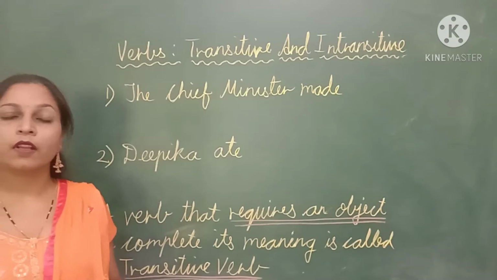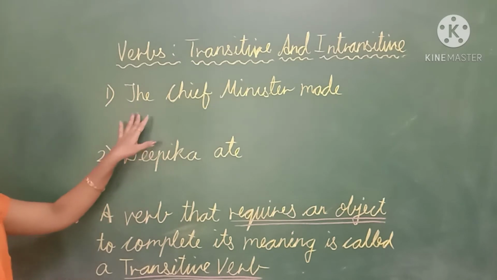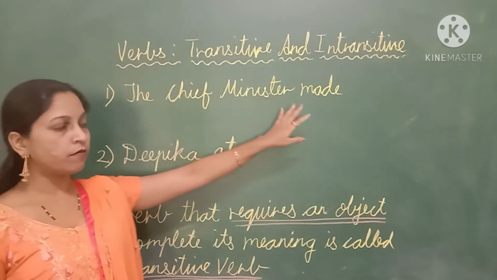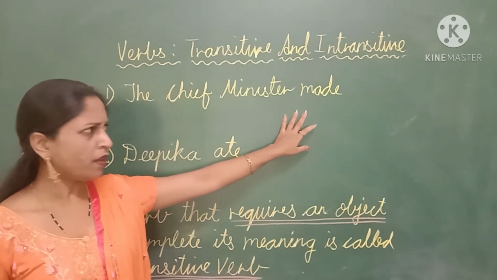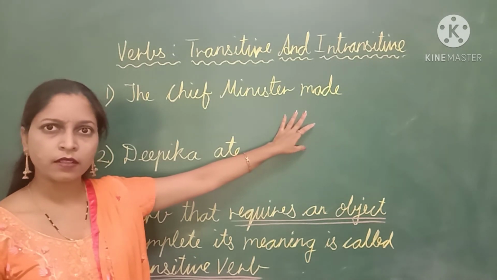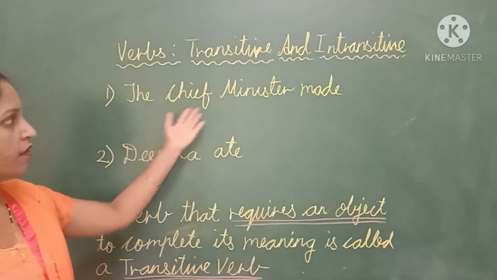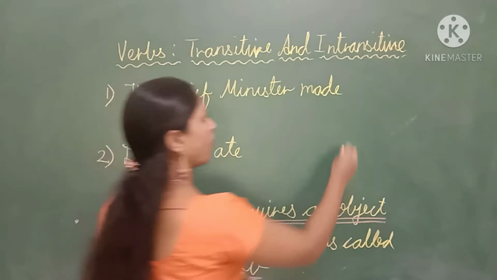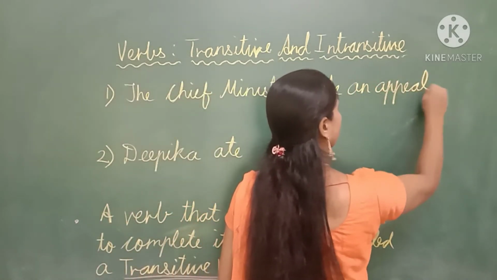Let us check out some more examples, children. The first one, the chief minister made. It sounds incomplete. What did the chief minister make? We don't know. But if I write, the chief minister made an appeal.